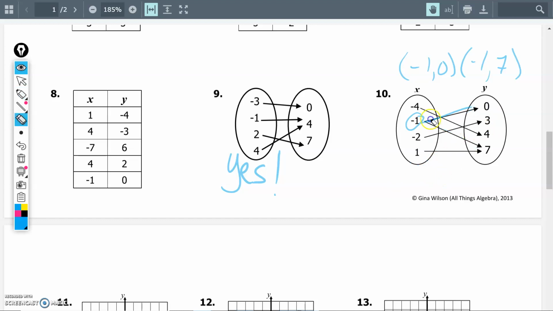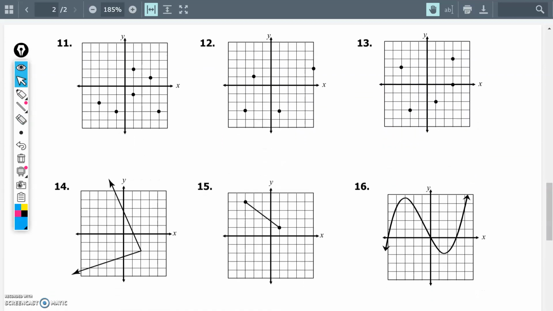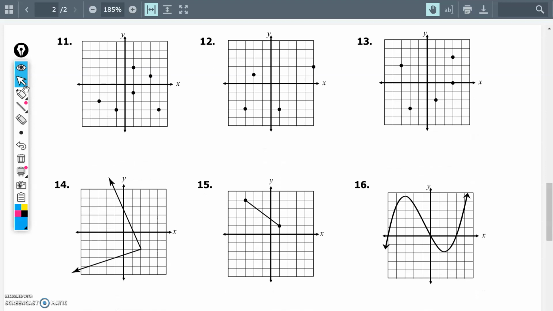Another way we can test functions is through a graph. We do what's called the vertical line test. We take a vertical line and see whether the graph crosses through twice. Here, that's fine, it only crossed through 1 dot.